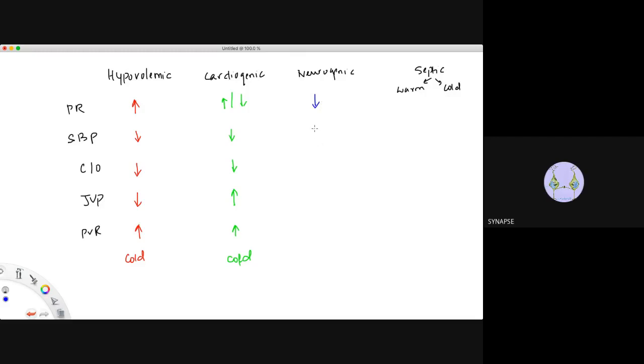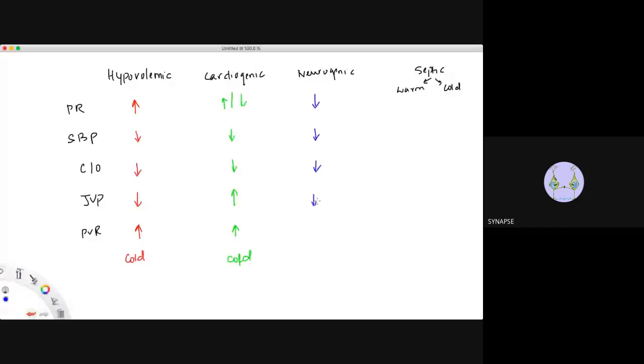So now what happens to the BP? BP reduces, because it's shock. Cardiac output reduced. And JVP? JVP is also reduced. Volume is also reduced because of peripheral pooling. So centrally the volume is less.